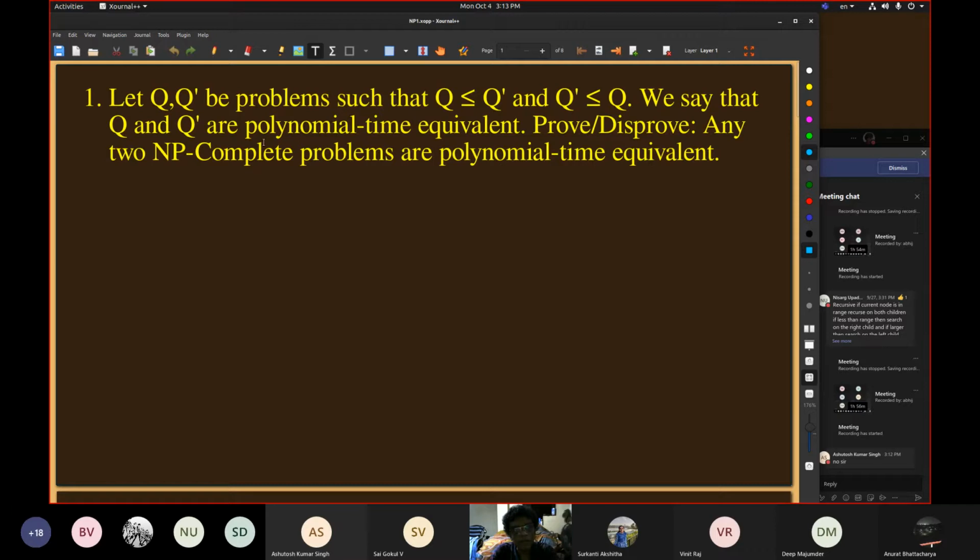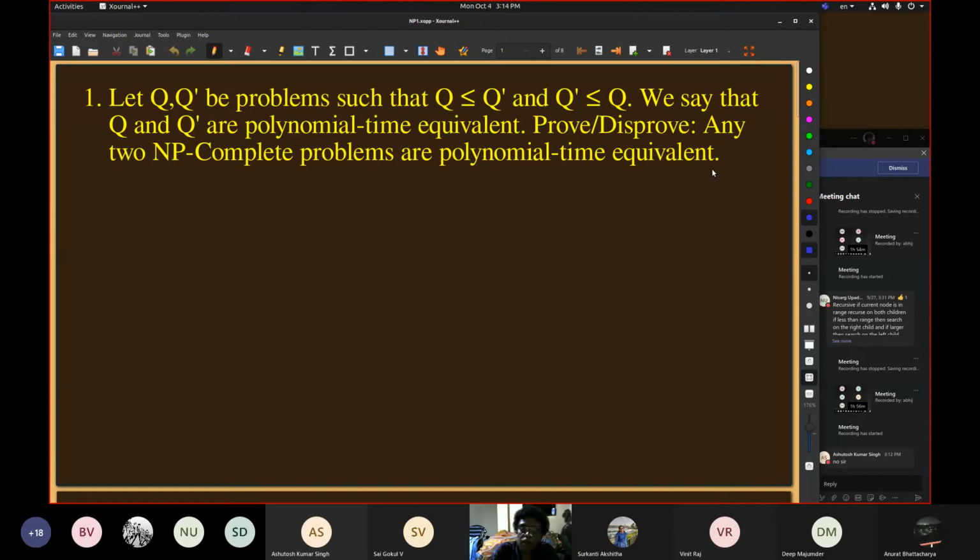So that is basically an important idea behind dealing with polynomial time equivalent problems. Now, what you are asked to prove, it's fairly straightforward, is that any two NP-complete problems are polynomial time equivalent.